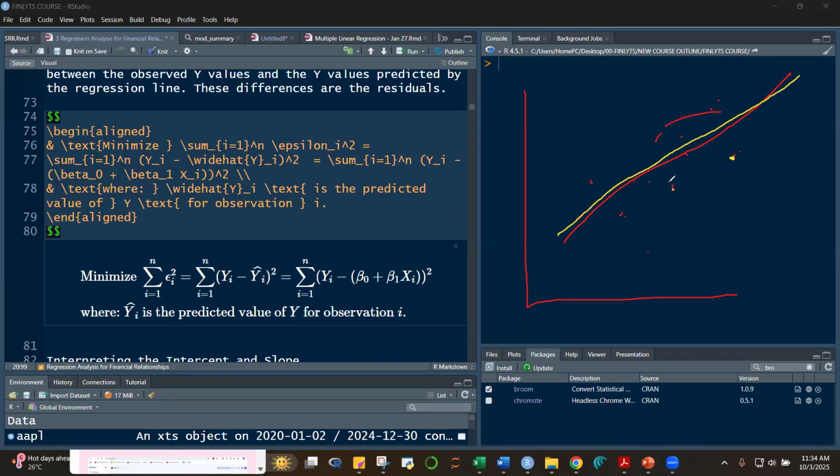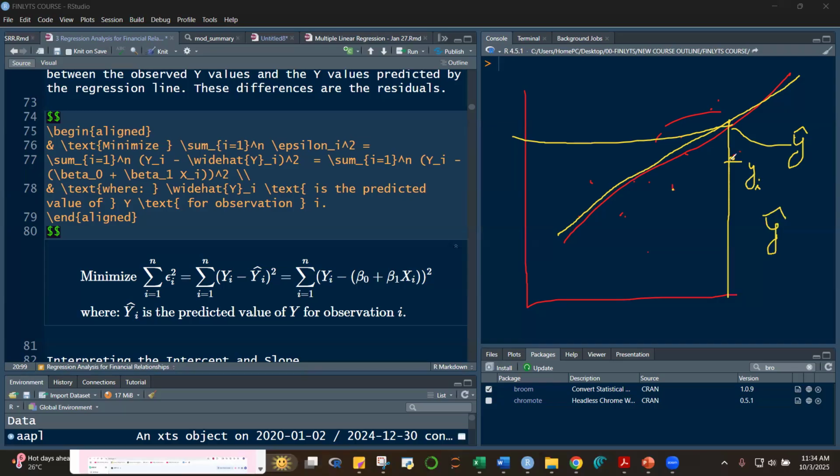So if you compare this line of best fit, this is your y hat. That height is your y hat. Well, this height, class, is your y sub i. This is your actual y, this point, right?